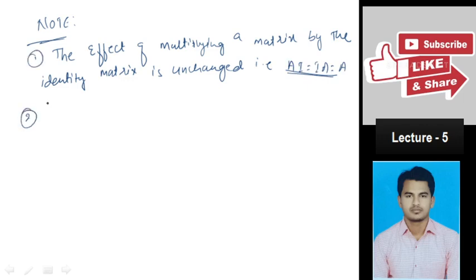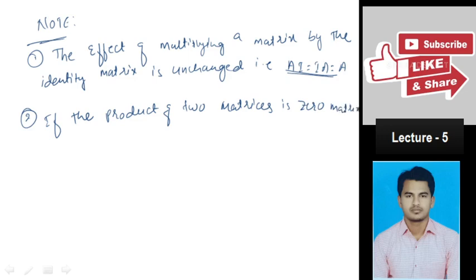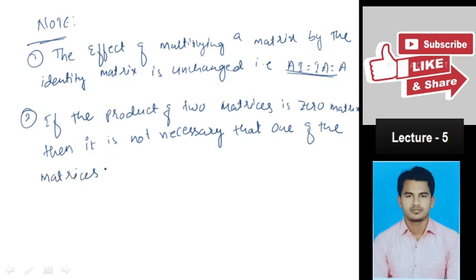The second note: if the product of two matrices is a zero matrix, then it is not necessary that one of the matrices is a zero matrix.